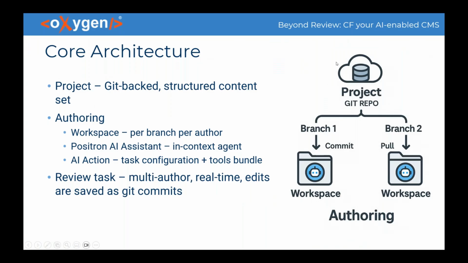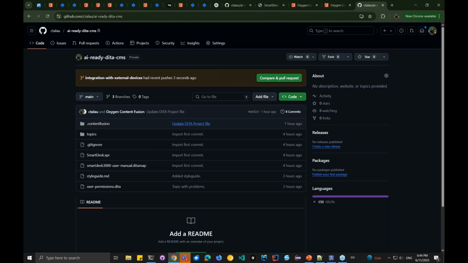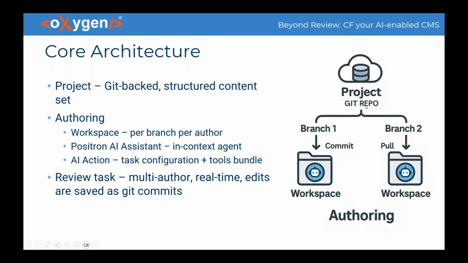Okay, so a project has a Git repository, which can be either internal or synchronized with an external Git repository, which can be, for example, on GitHub. As any Git repository, it has multiple branches, and on each branch, there is a workspace for every user.